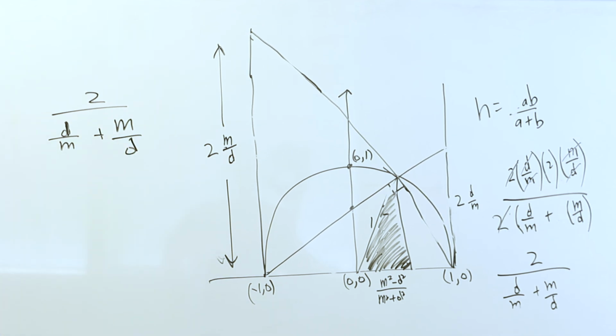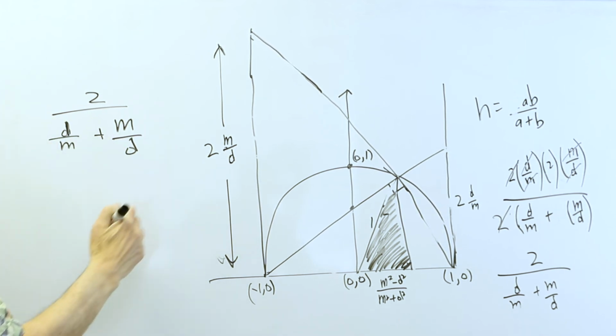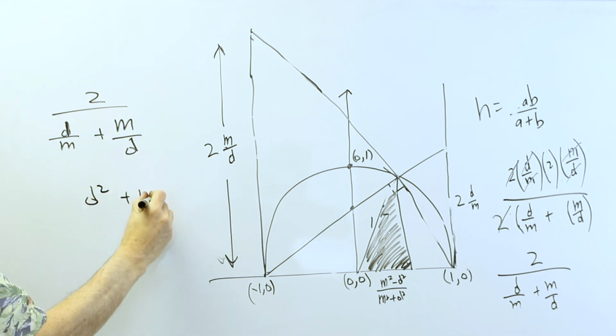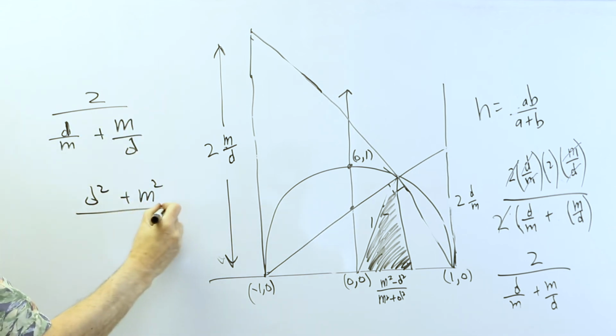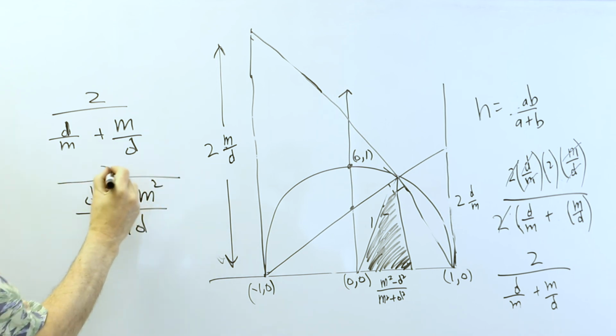And at this point, I can add these 2 fractions by using a method I sometimes call the zip, zip, zip method when I'm teaching my students. So each zip is multiplication. So I go d times d, m times m, and m times d. And all that's over 2.